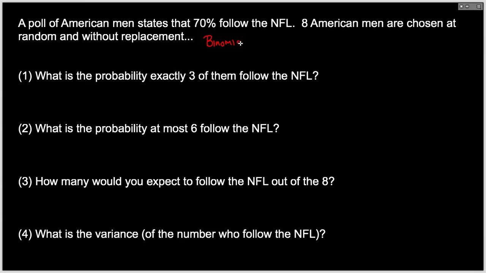And when I deal with a binomial random variable, the first thing I want to do is define what a trial is. And so I'm going to say a trial is each man's opinion or preference, each man's following or not following.